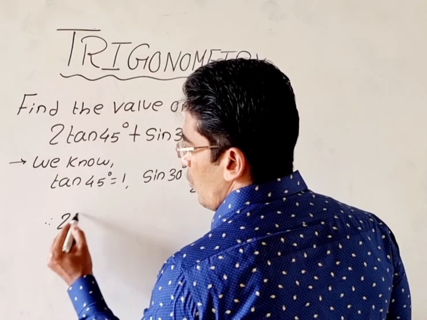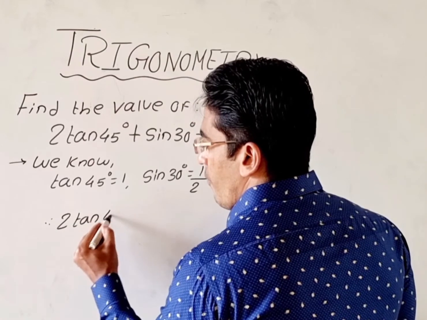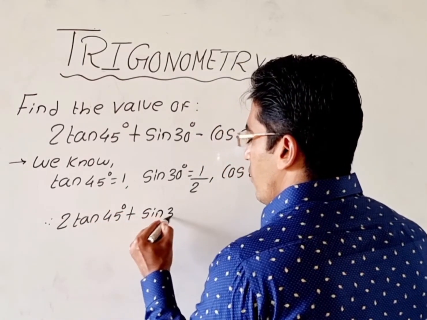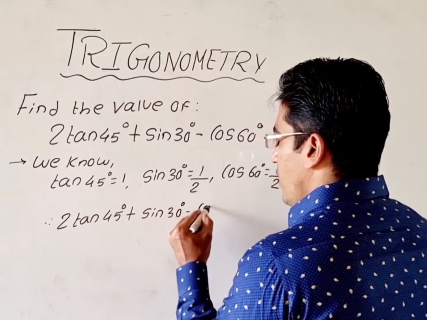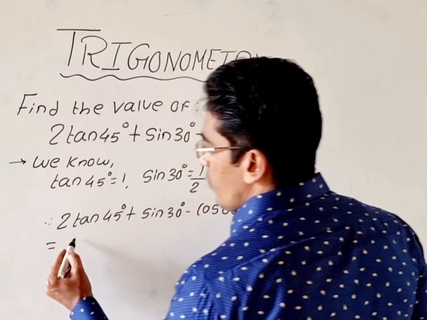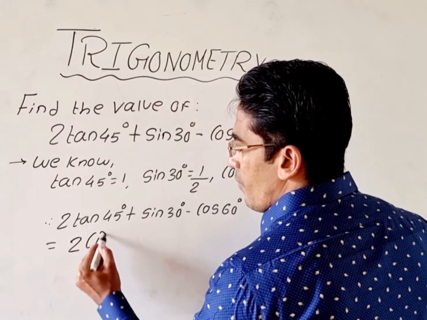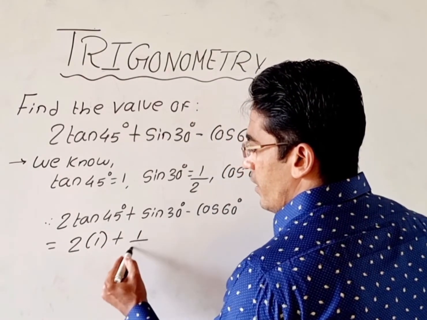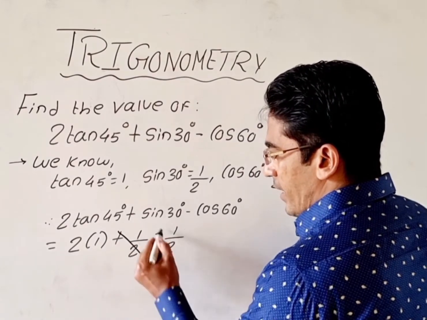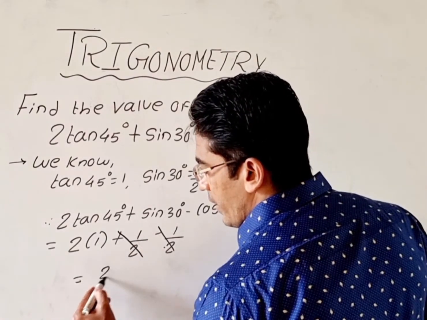Therefore 2 tan 45 degree plus sin 30 degree minus cos 60 degree. Just substitute the values. 2, what is the value of tan 45? 1. Sin 30 half. Cos 60 half. Plus half minus half will get cancelled. 2 into 1 is 2.